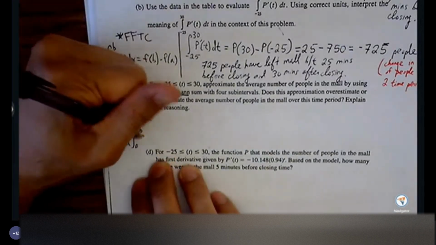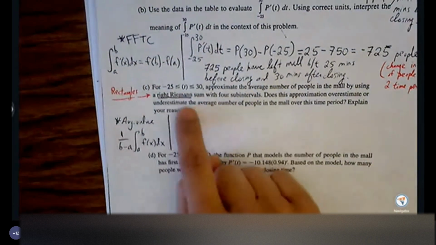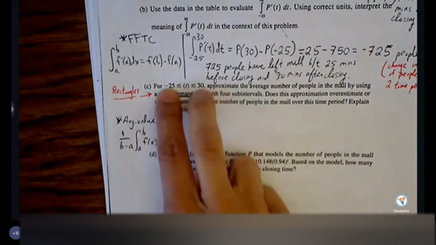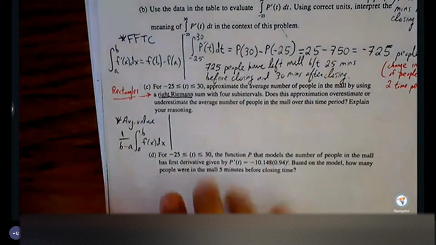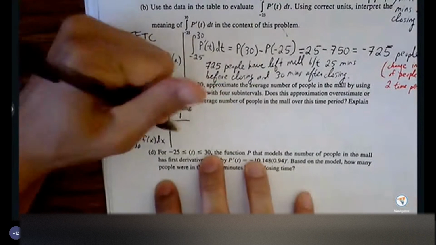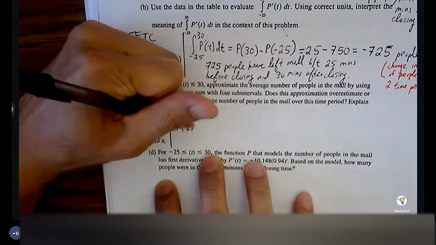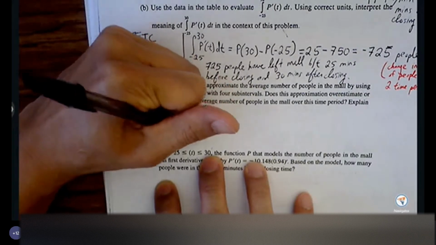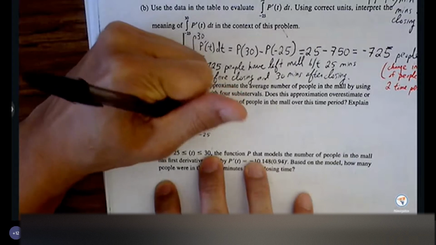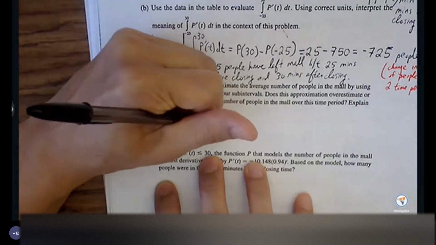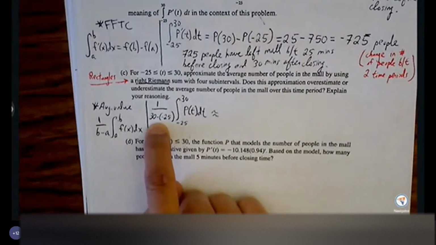Okay, so that's like dx. All right, but we want to do it specifically for this problem here. So my a and b are negative 25 and 30, and then my function is P of t. Okay, so this comes out to be 1 over 55.